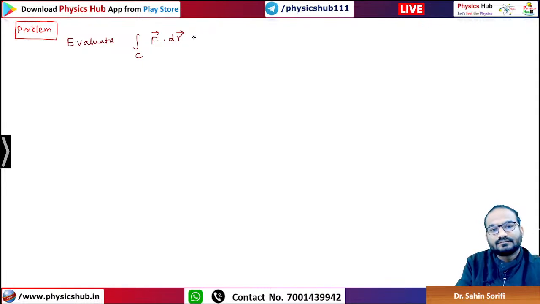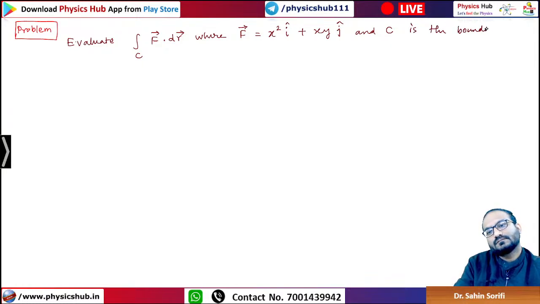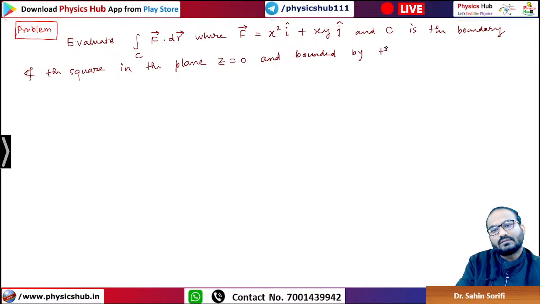So the problem is like this. Evaluate this line integral of f dot dr, where your f is given to be x square i cap plus xy j cap, and C is the boundary of the square in the plane z equals 0 and bounded by the lines.